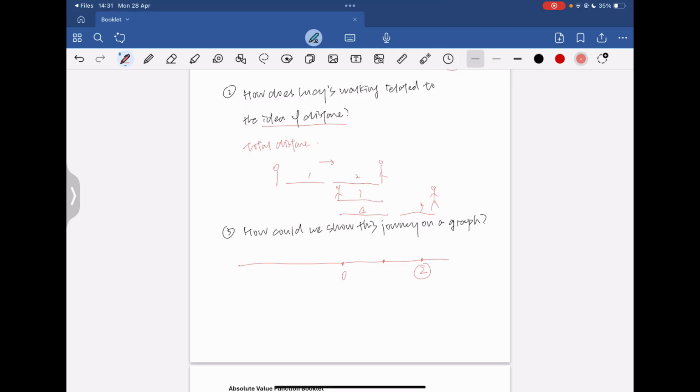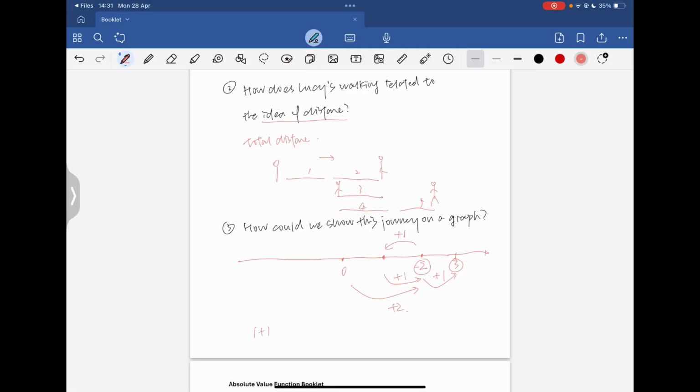Back plus 1. This is plus 2. Plus 1. And then forward 2. From here, plus 1, plus 2. So now we have 3, right? So the overall is 1 plus 1 plus 1 plus 2, which is 5.